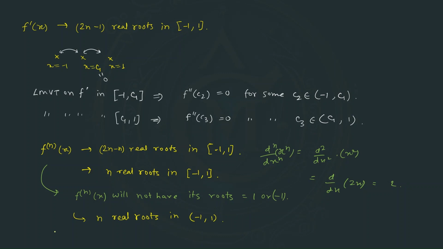So we can say that this function fn of x, which is basically the nth derivative of small fx, has n distinct real roots in open minus 1 to 1. Hence, the given statement is proved.